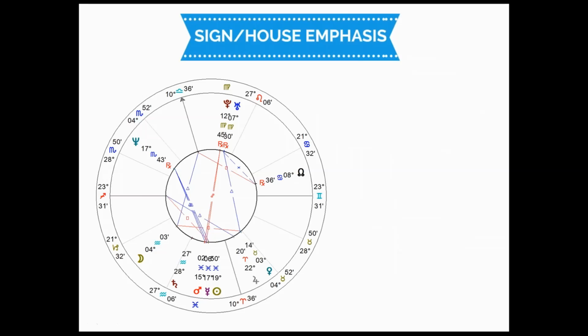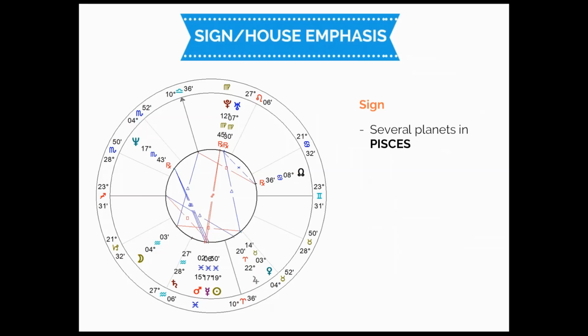So to break it down, I begin by looking to see if there are any planets bunched together, emphasized by sign or house. In this chart, we see there are a number of planets bunched together in the sign of Pisces. Pisces is a sign that emphasizes sensitivity, vulnerability, compassion, empathy, spirituality.